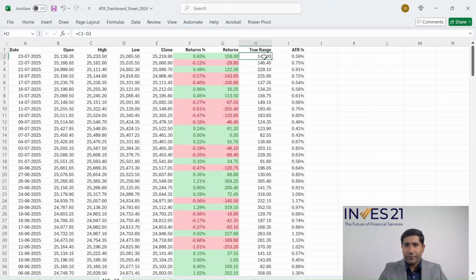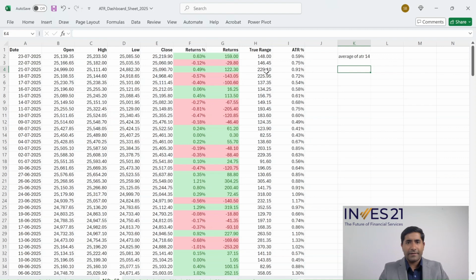It's about 148 as of today as we speak. So let me take a look at the average of ATR. The purpose of looking at the average ATR for the last 14 days is to just see whether the market is in an expansion mode or in a contraction mode as of today.